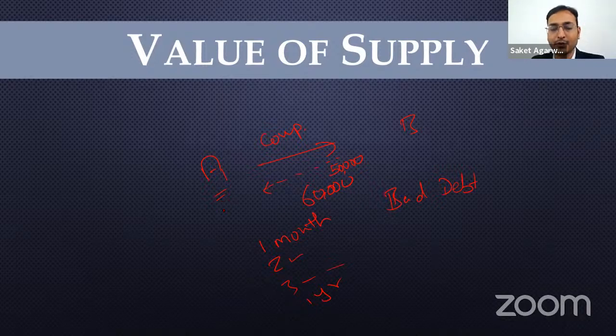Now look from A's point of view. A has already paid GST on 60,000 rupees at the time of sale itself. At the time of sale, A charged GST on 60,000 rupees and paid it to the government. Now B is paying only 50,000 rupees.